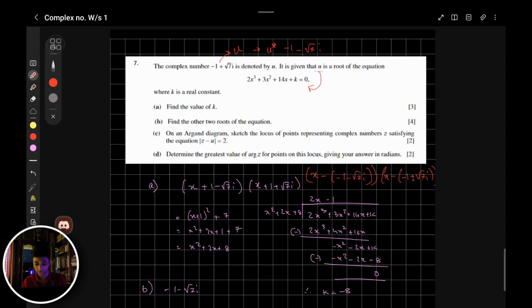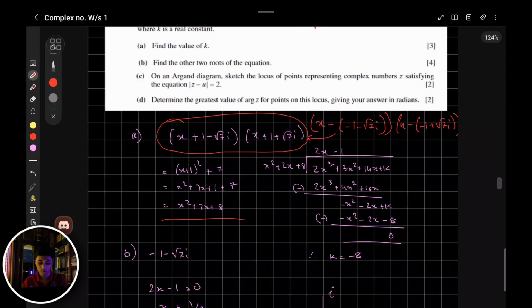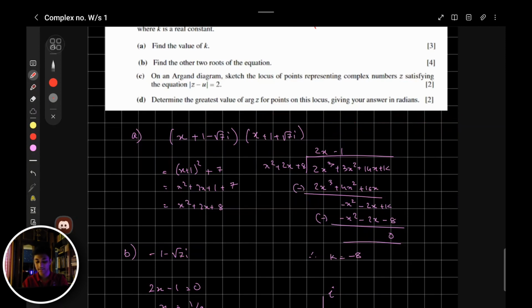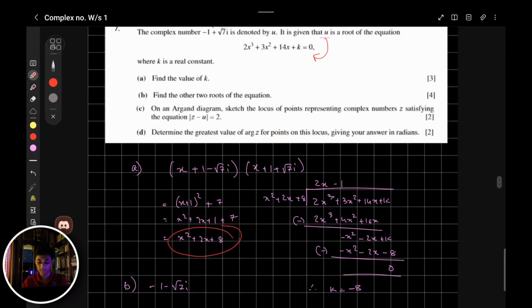This is the other factor. Now after opening the brackets, this is what we get. And if you take out the brackets and simplify, you're going to get x squared plus 2x plus 8. This is a quadratic factor of this big equation.